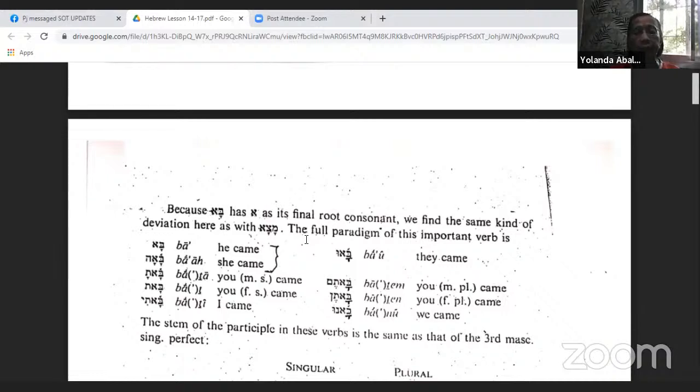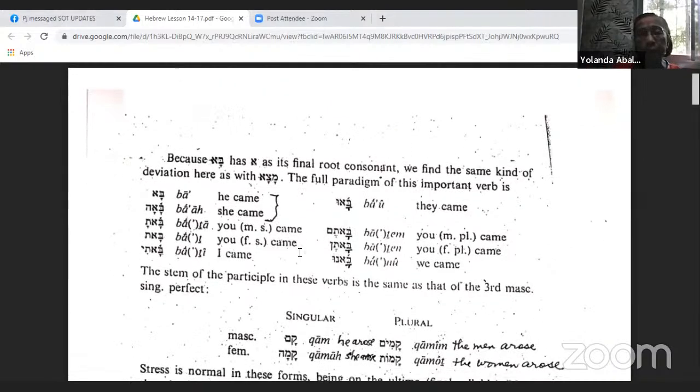Ba-a, she came. Ba-u, they came. Bata, you man came. Batem, you men came. Bat, you woman came. Baten, you women came. Bati, I came.